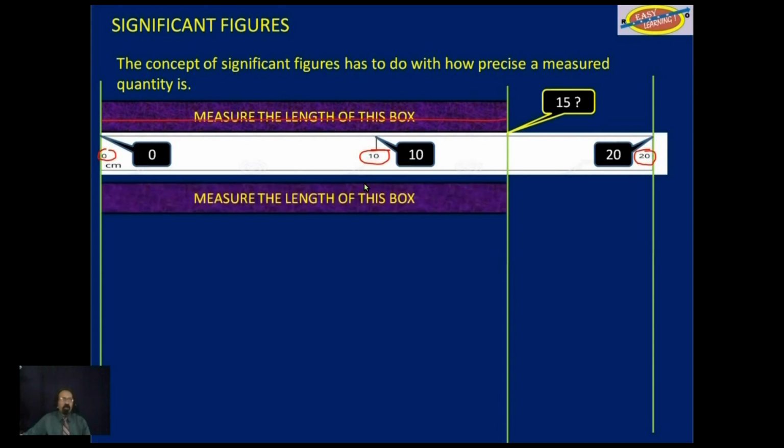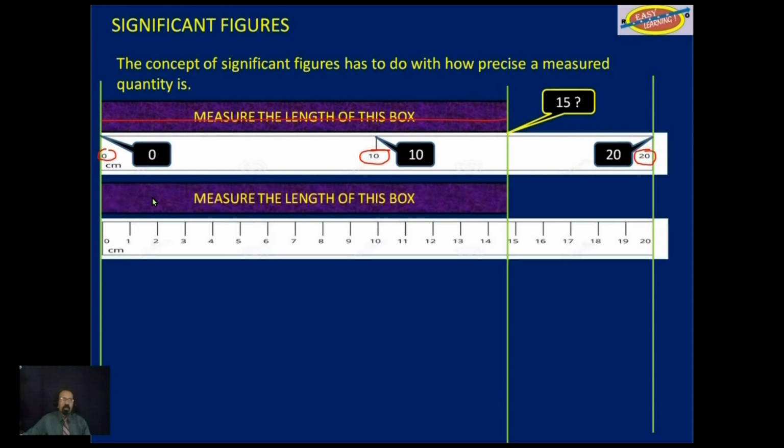But if I give you another ruler, same box, and the ruler looks like this, at this point you could see 14 is here, you could see 15 is here, so it's not quite 15, but it is more than 14, and it is more than halfway past 14 towards 15. So you cannot say 14.1, that would be somewhere here.